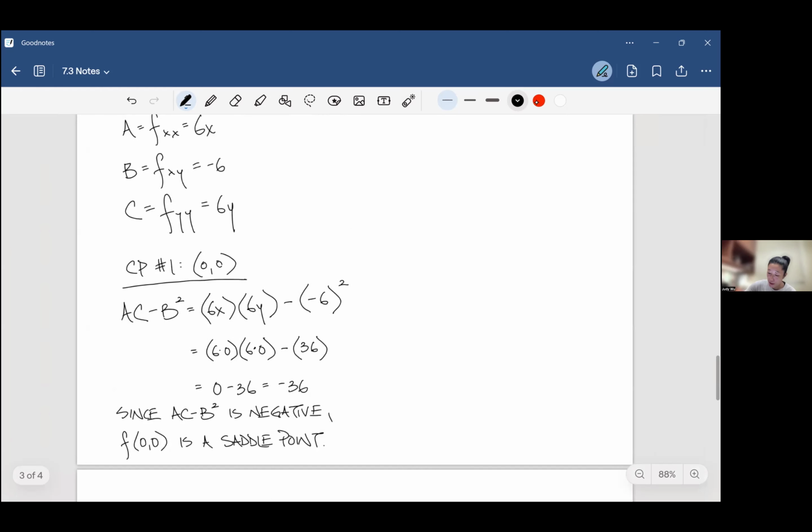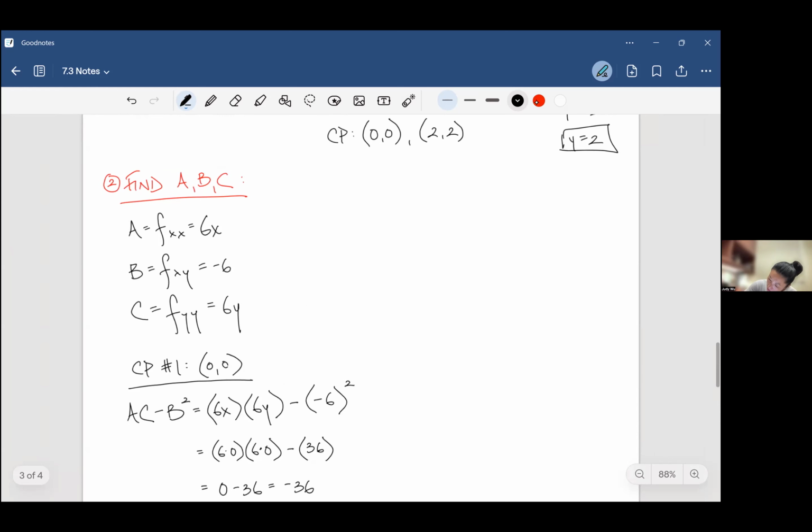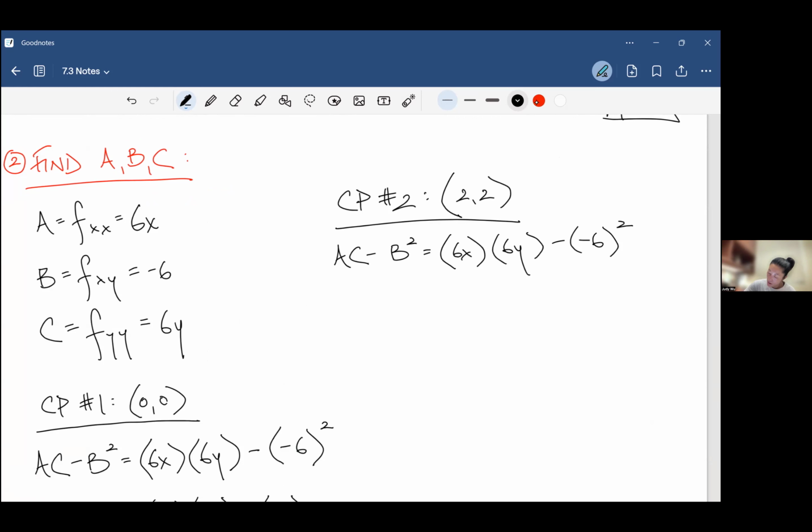The only thing we have to do now is the same for the second critical point as well, which is our (2, 2). So we're going to do AC minus B squared again and see what we get. 6x times 6y minus negative 6 squared. This time for x I plug in 2 and for y I plug in 2.